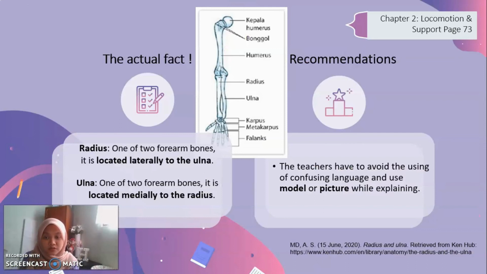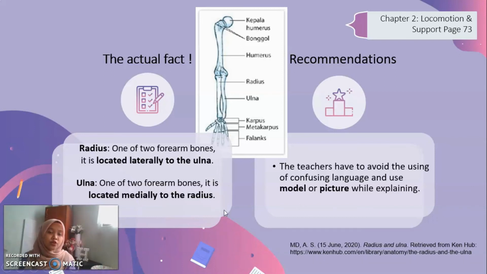The actual fact is that the radius is one of the two forearm bones, located laterally to the ulna, and the ulna is one of the two forearm bones, located medially to the radius.